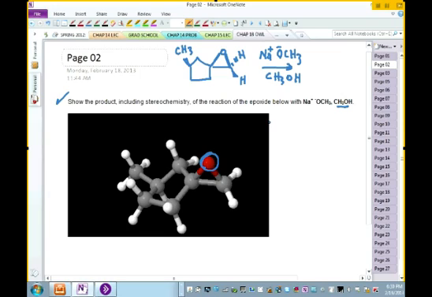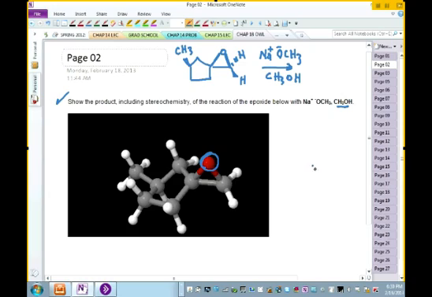They want to know what the stereochemistry would be when this epoxide reacts with a nucleophile. The methoxide will be a nucleophile, and this is an SN2 type reaction.